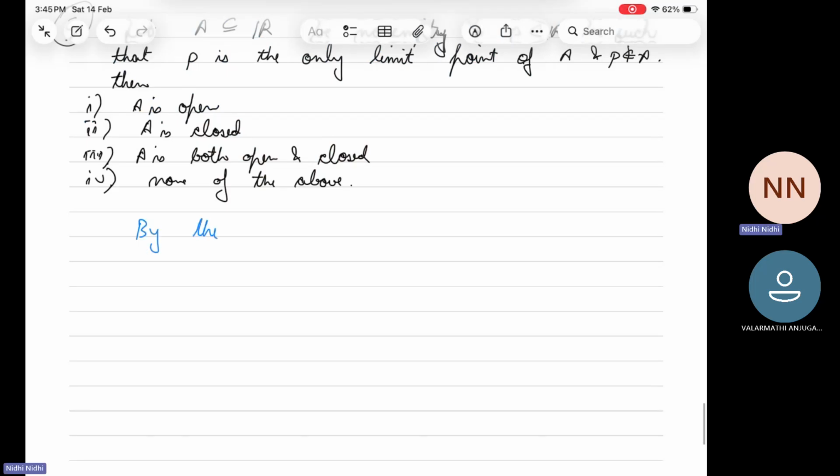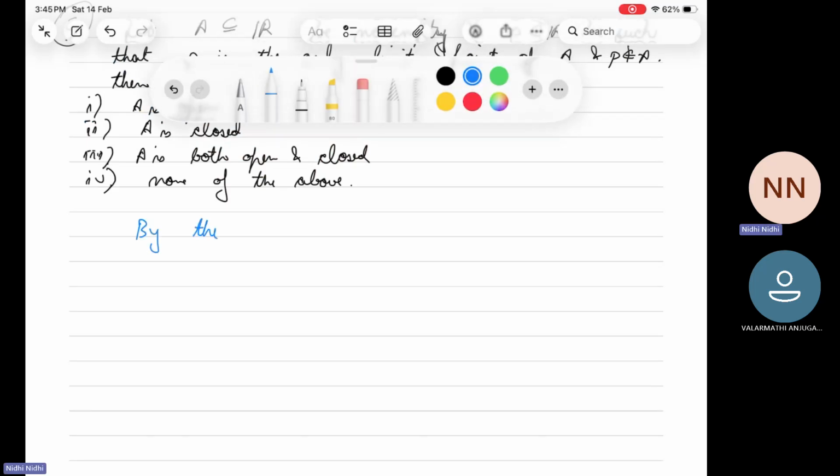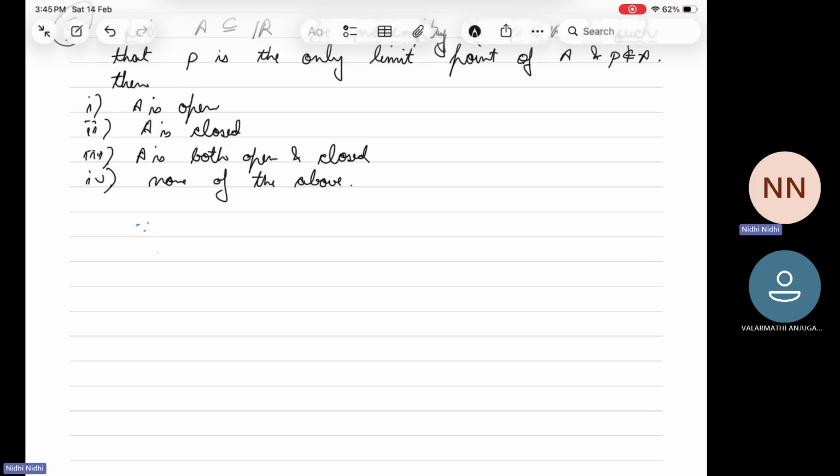Since P is the only limit point of A, A prime is equal to the singleton set {P}.